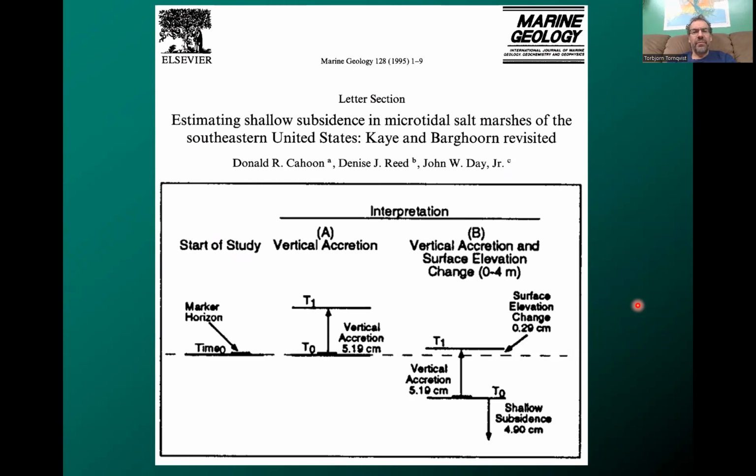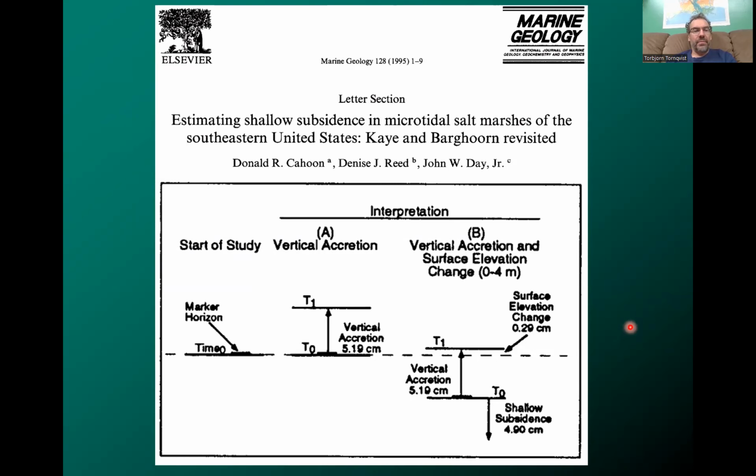And this is one of his earlier papers from 95, where perhaps for the first time, he and his colleagues combined SETs with marker horizons. That basically allowed them to separate between surface elevation change and vertical accretion, and as a result, to infer the rate of shallow subsidence.